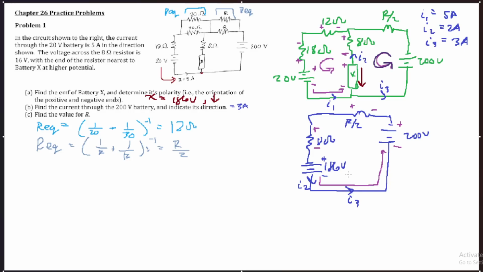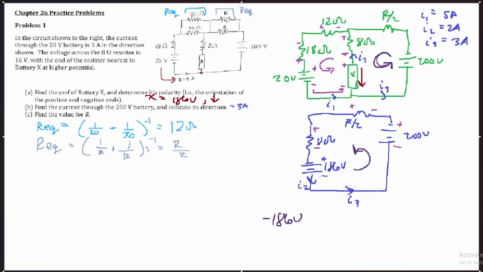Cool. So let's do this loop following the movement of the electrons. So again, we're moving this way. Okay, cool. So we're going to start with this 186 volts battery here. Since we're moving with the flow of electrons, we're going to go minus 186 volts.